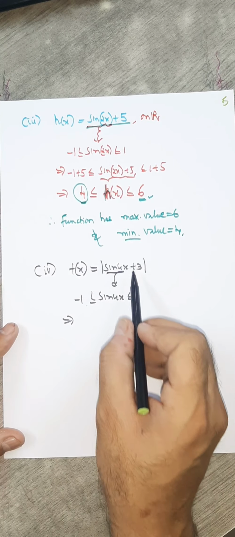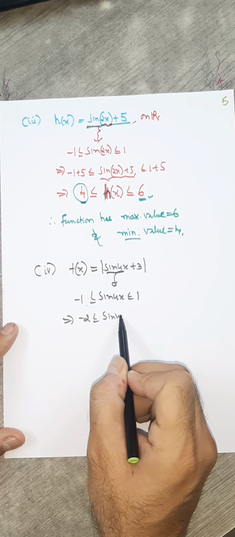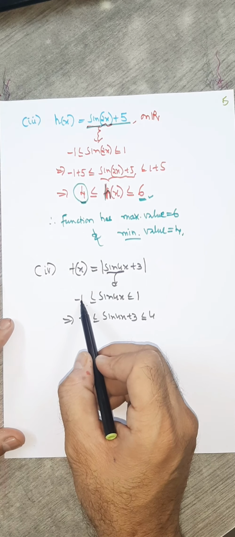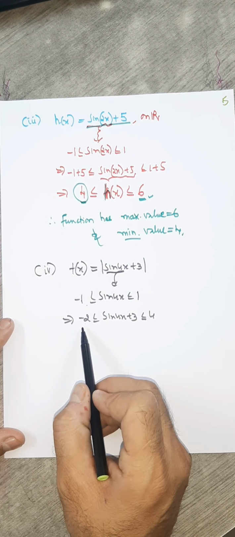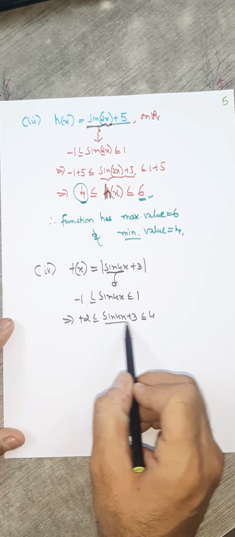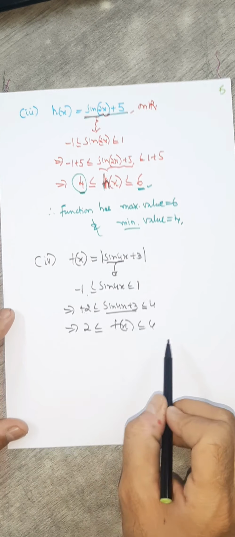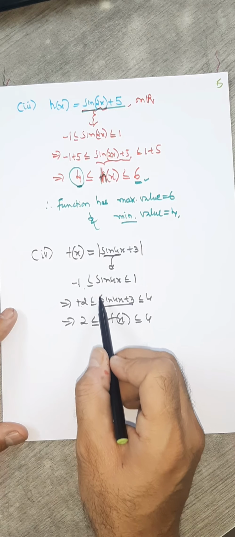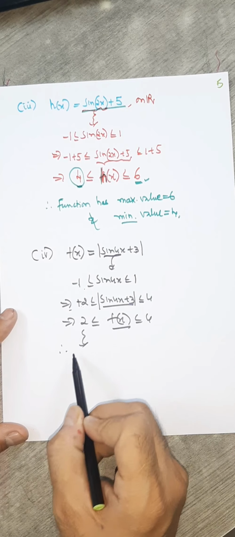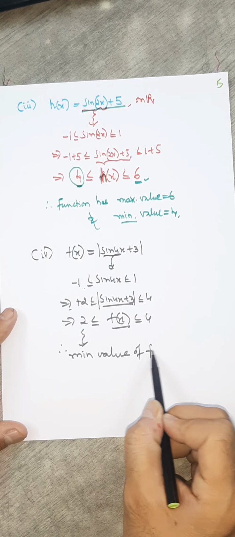Adding 3 throughout, minus 1 plus 3 is 2, and 1 plus 3 is 4. So 2 is less than or equal to f of x, which is less than or equal to 4. These are positive numbers, so even if you take the modulus, the values will be positive. So what is the minimum value of the function f? It equals 2.